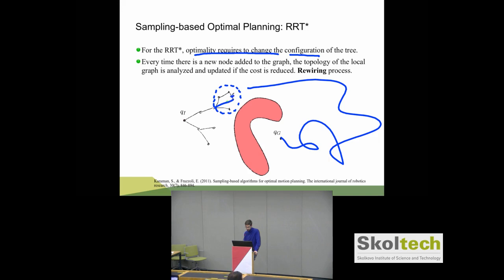Okay, so then we might remove this edge here. Why? Because the shortest path is not this one, right? The shortest path is just going in a straight line. So then that means that we should remove this edge.